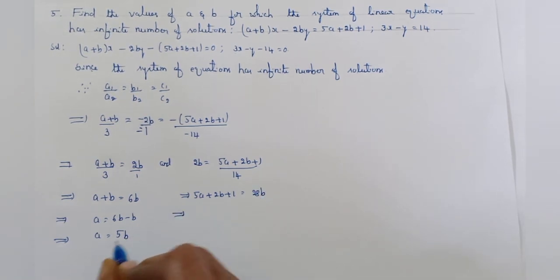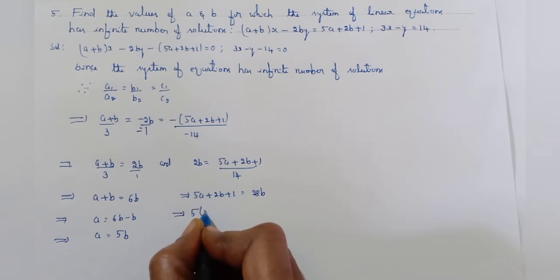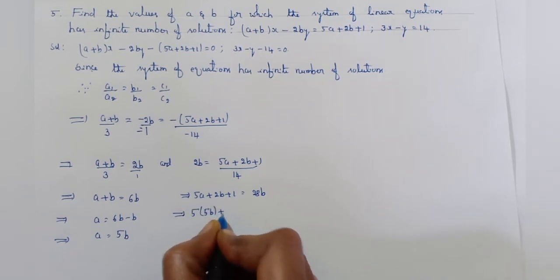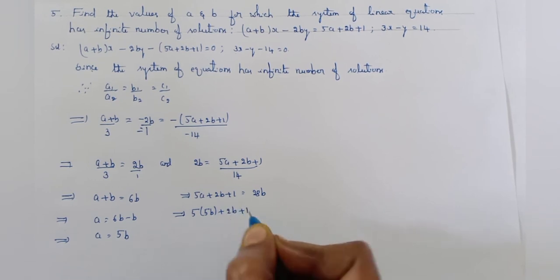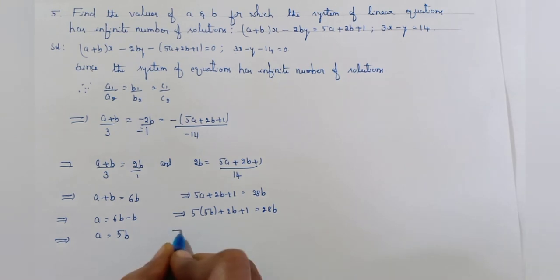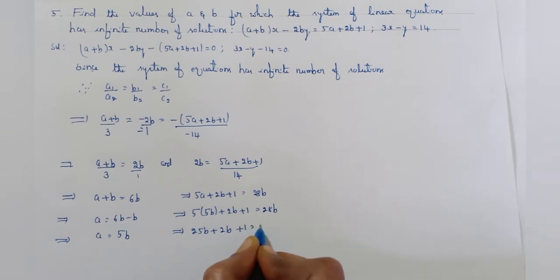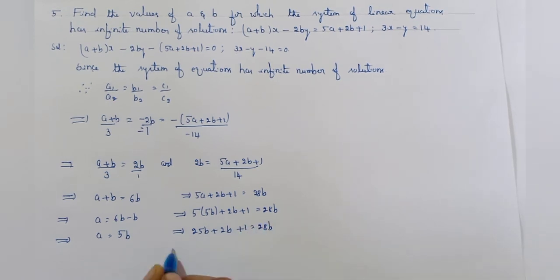Next, substitute 5b in place of a. 5 into 5b plus 2b plus 1 is equal to 28b. So 5 5s are 25b plus 2b plus 1 is equal to 28b. 25b plus 2b is 27b plus 1 is equal to 28b.